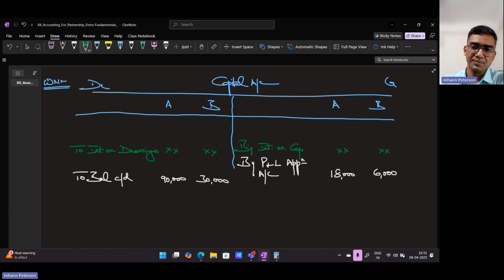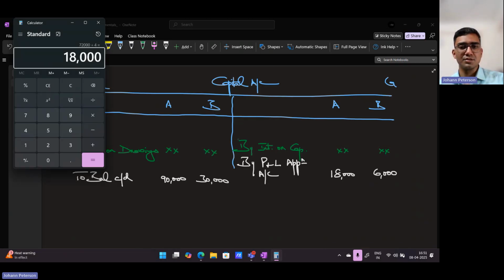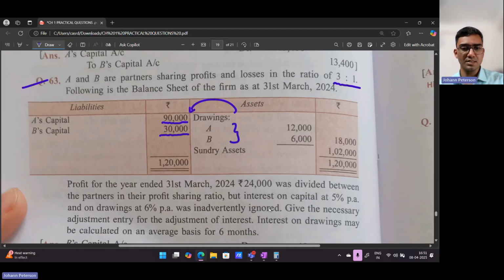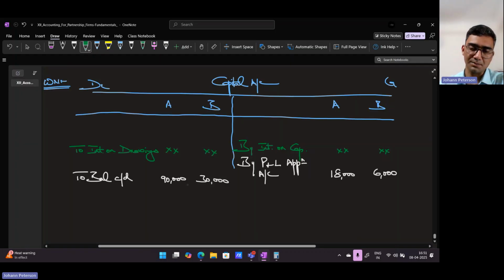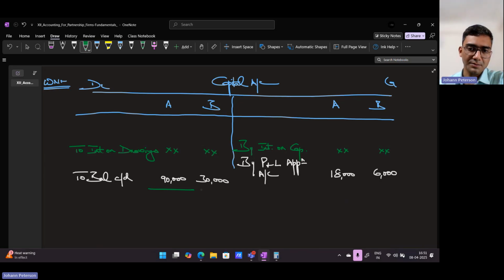So what will this give? Since nothing else is mentioned, I don't see any drawings mentioned for me also. Sorry, the drawings are mentioned, but those drawings are mentioned in the balance sheet. So since nothing is mentioned outside that balance sheet, this is an assumption now that nothing else will be written over here. That means I will not write to drawings also.